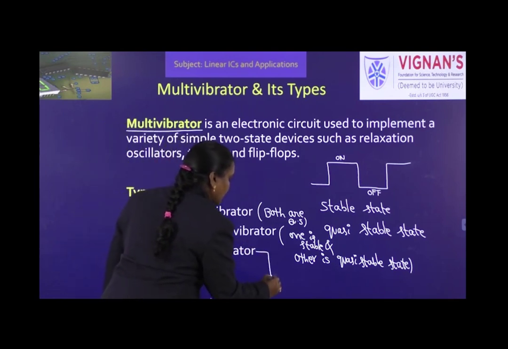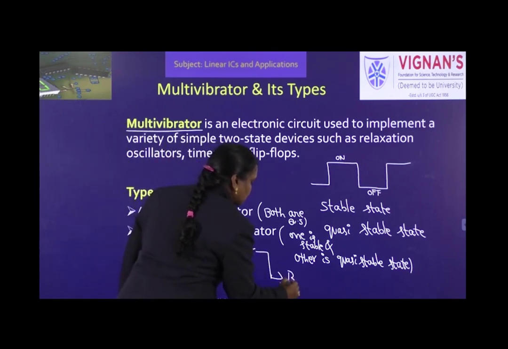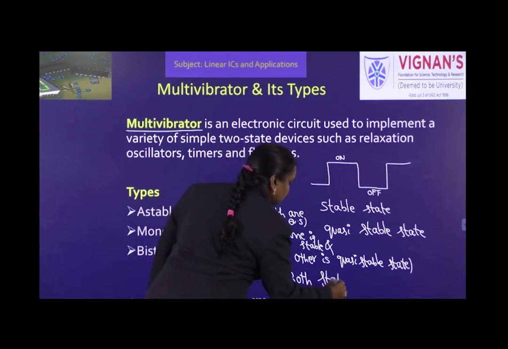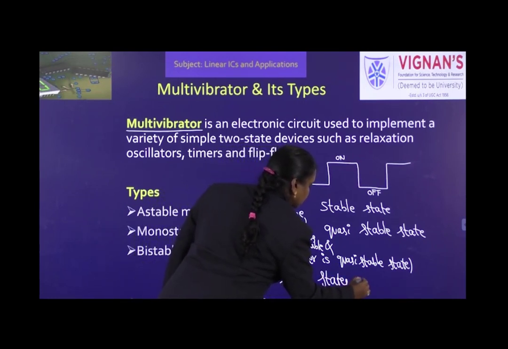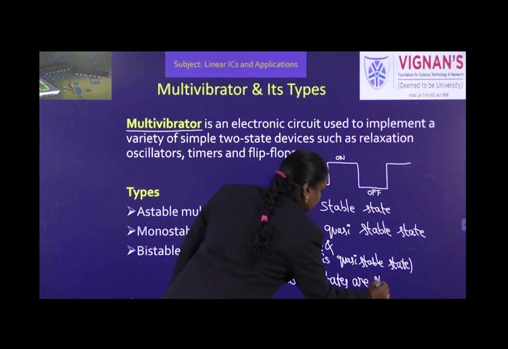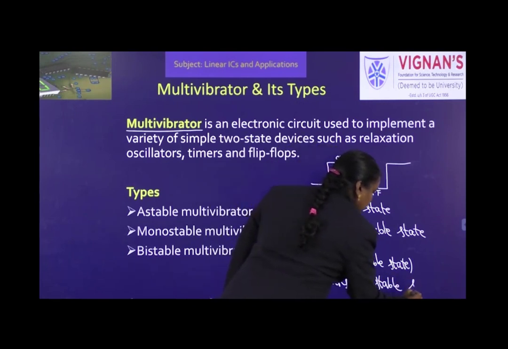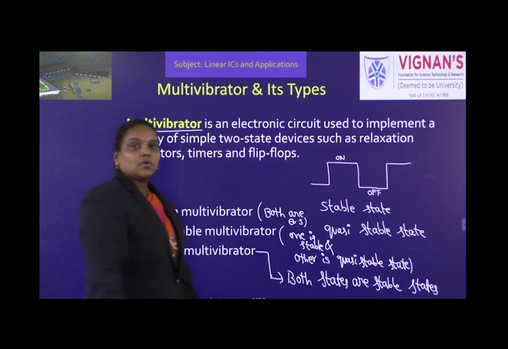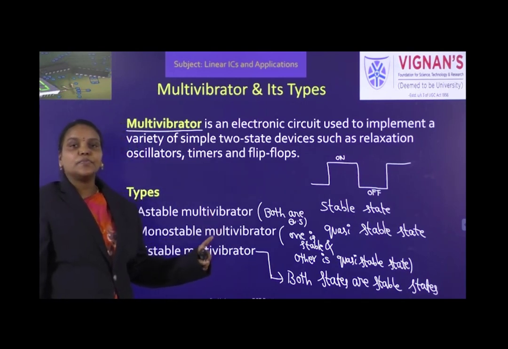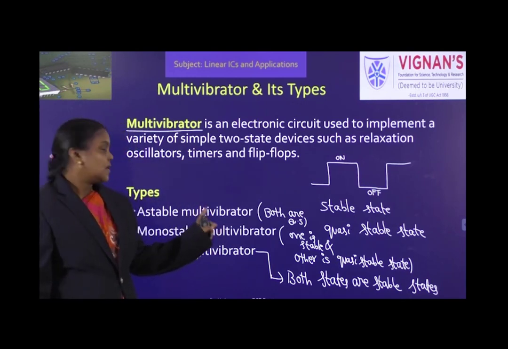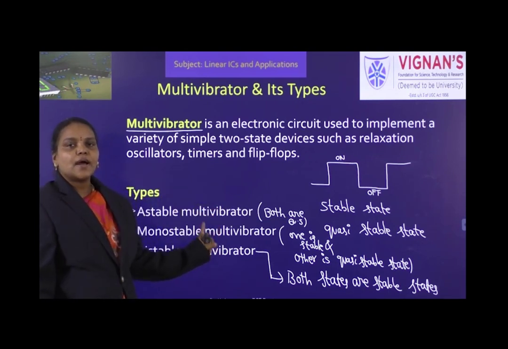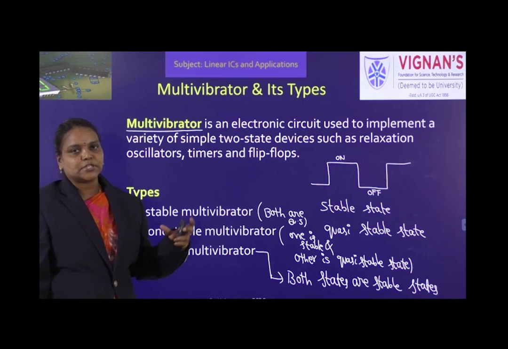So the three types: astable means no stable states, monostable means one stable state and the other is quasi-stable, and bistable means both are stable states.